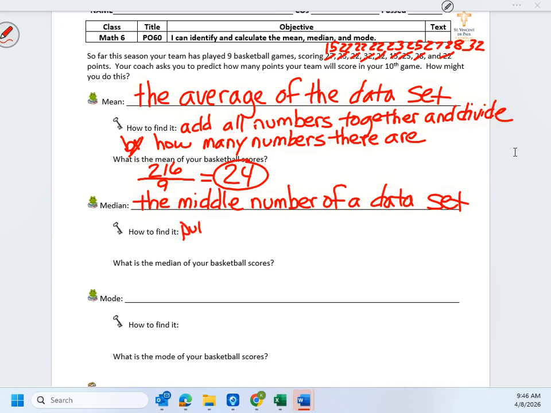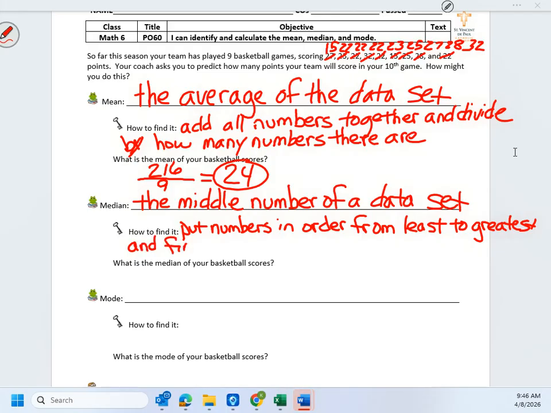So put the numbers in order from least to greatest, and find the middle number.